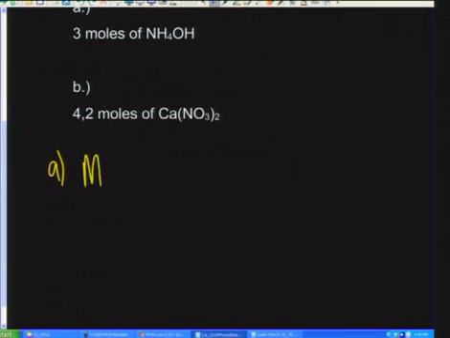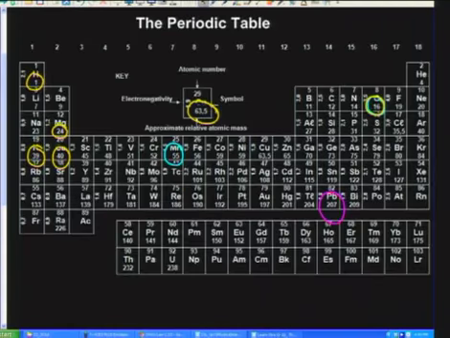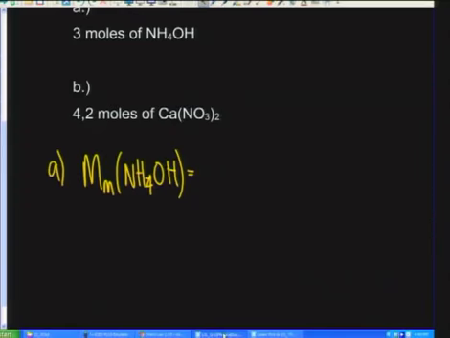So first, I'm going to work out the molar mass of ammonium, that's NH4, hydroxide, OH. Okay, so let's work this out. Well, nitrogen, hydrogen, oxygen, and hydrogen. So let's go and find them. We've got nitrogen, 14, oxygen, 16, hydrogen, 1. Is that everything? Let's go back, write them in.